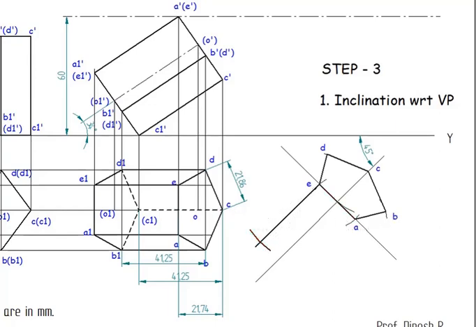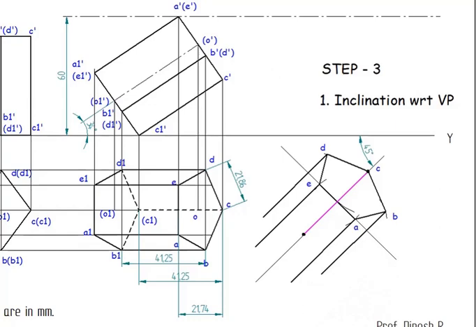Then draw parallel lines from each of these points. It can be any length. Draw parallel lines which are going to be equal to 45 degrees. Even cut the point here also.